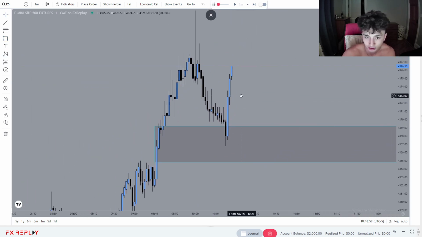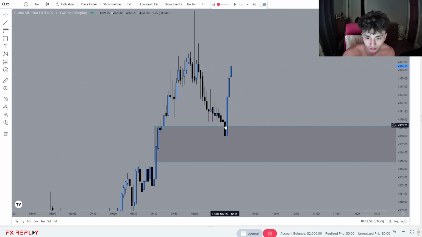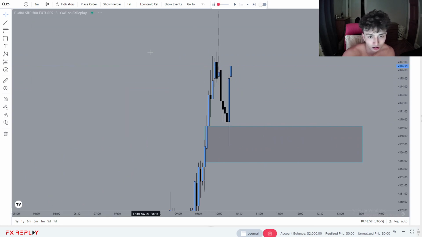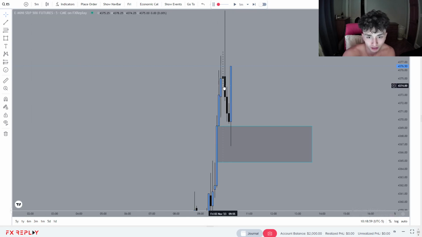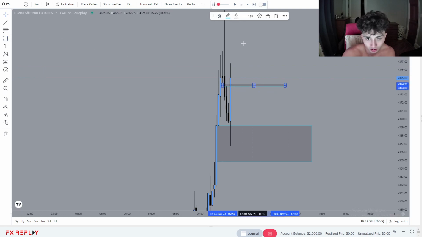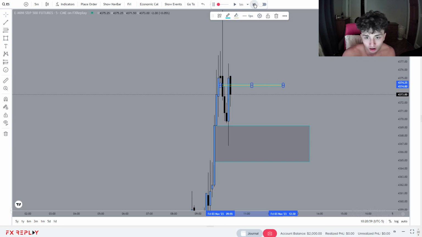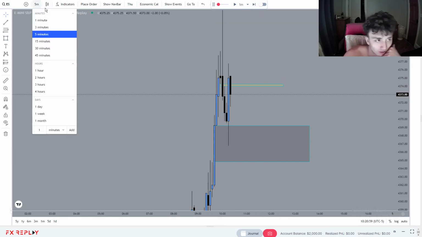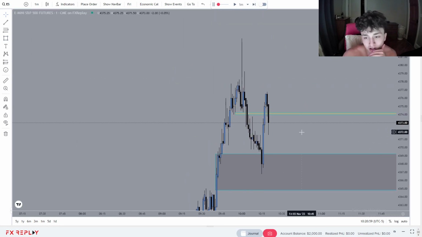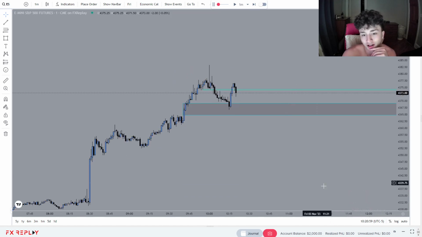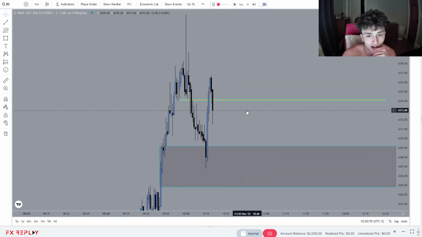Let me see. There's really no inversion fair value gaps here. On the 3 minute we have this one. On the 5 minute we have this one. Okay. And for the same reason I don't like this one. It's still clean, that's the issue, but I just don't know how high this will run.